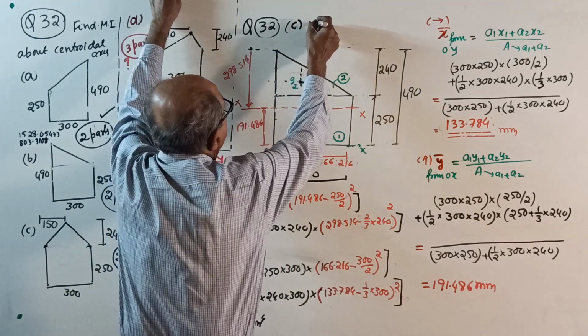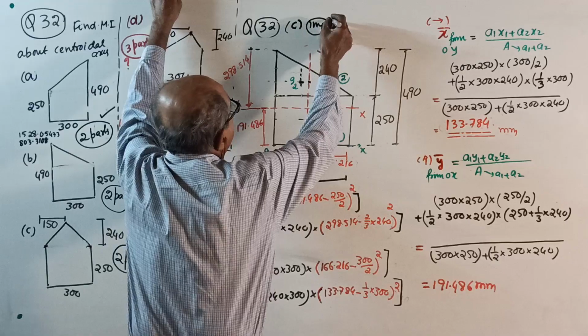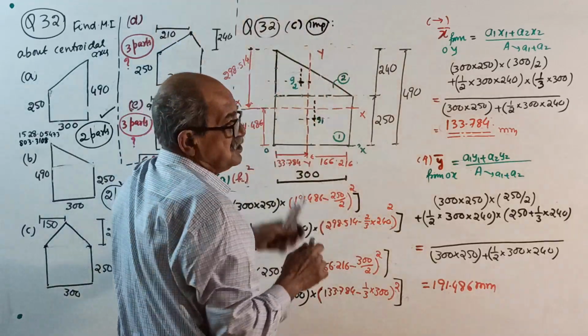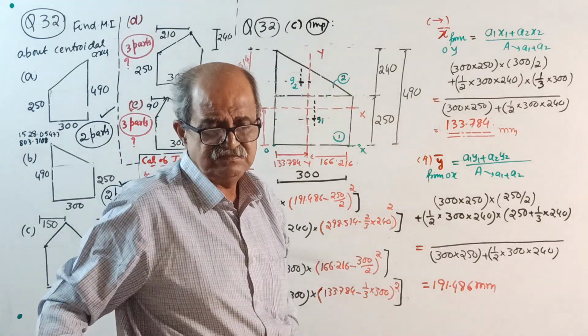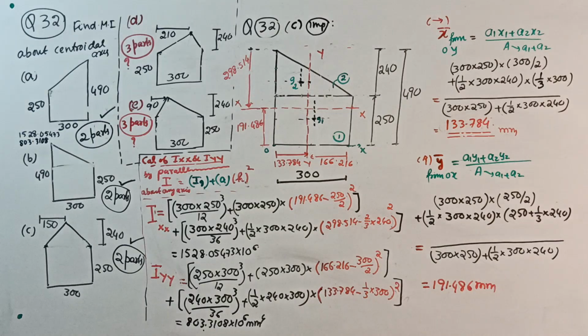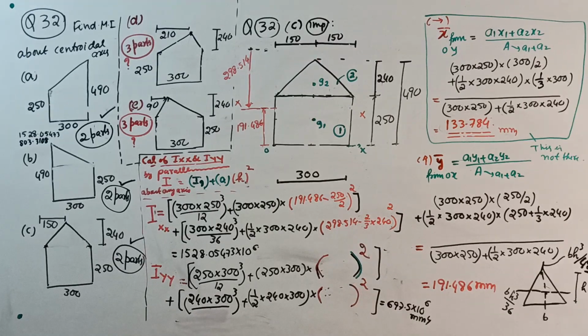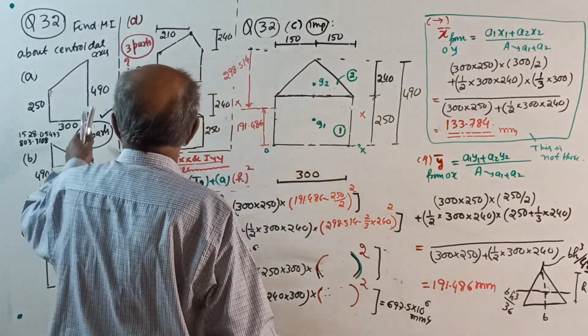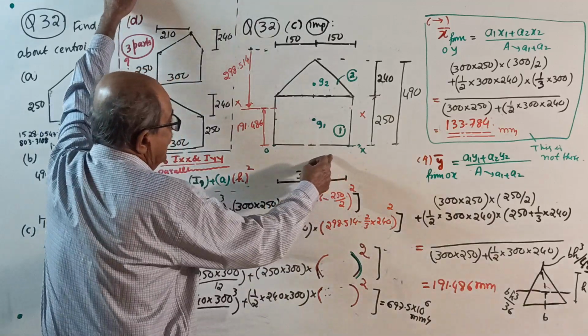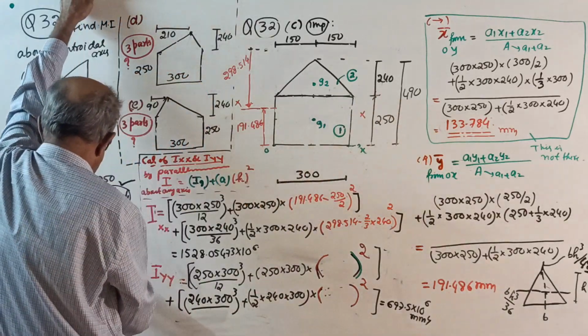Remember, this is a little important because here we get an isosceles triangle, so you should be careful. I will put the neat question. Start question 32C. See here, 300, 250, part 1.